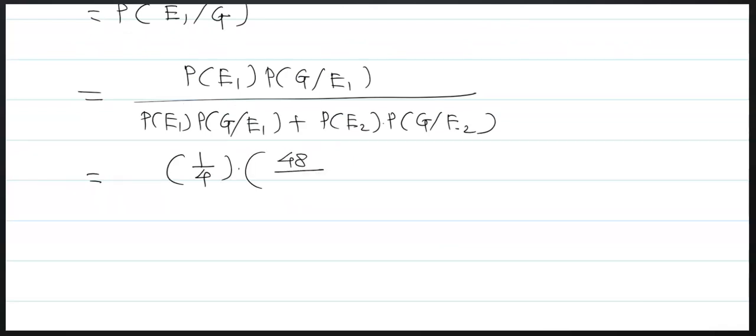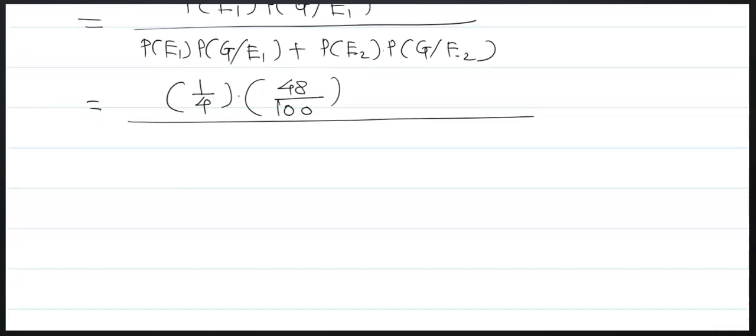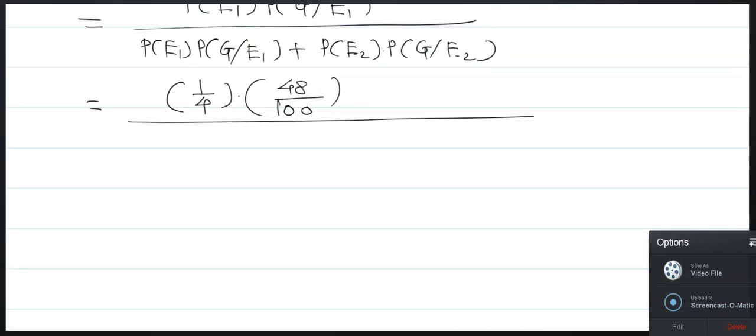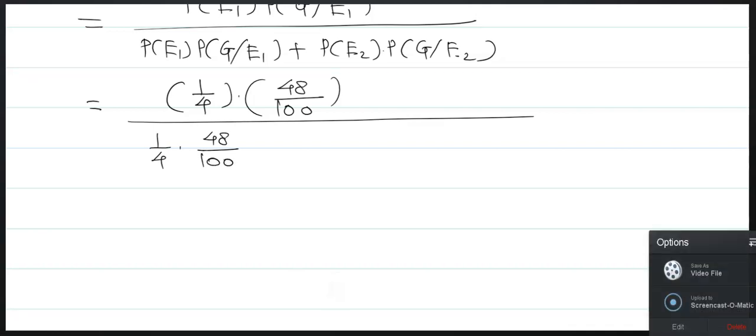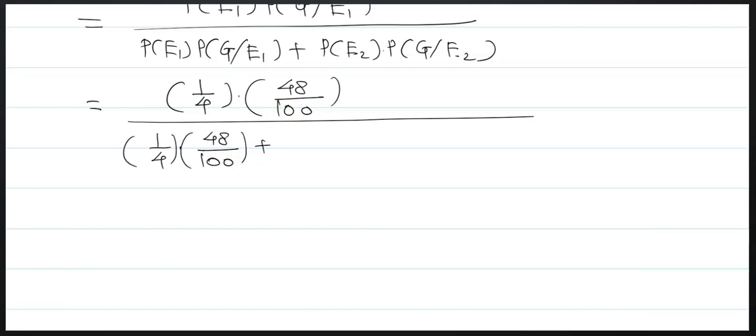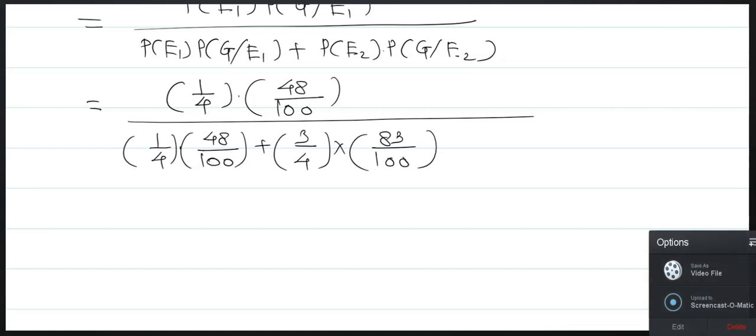That is 1 by 4 into 48 upon 100, upon 1 by 4 into 48 upon 100 plus 3 by 4 into 83 upon 100.